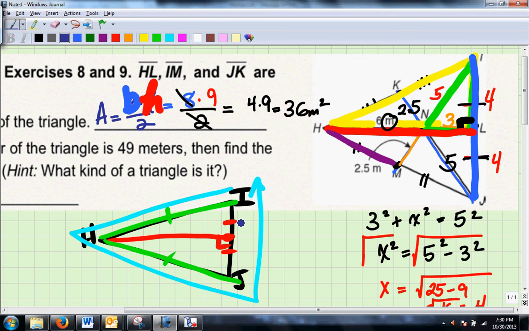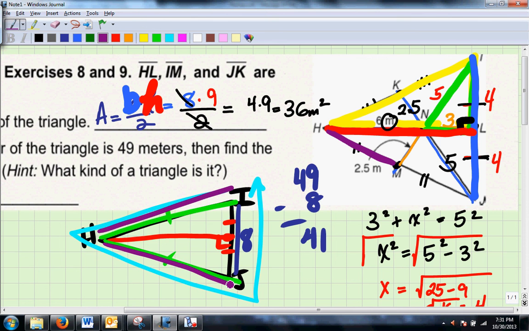So here we already have this length as 8. So we're going to do 49 minus 8, and of course we get 41. That means these two sides together, I'll make them in purple, have to add up to 41. So we take 41 and divide by 2, and of course we get 20.5.